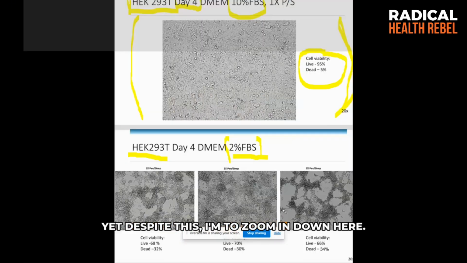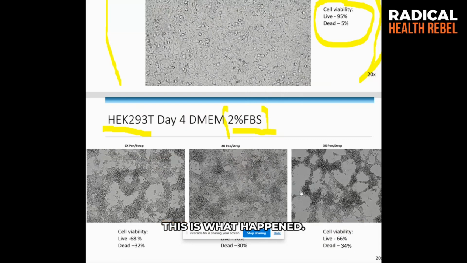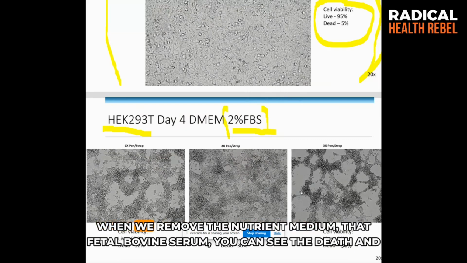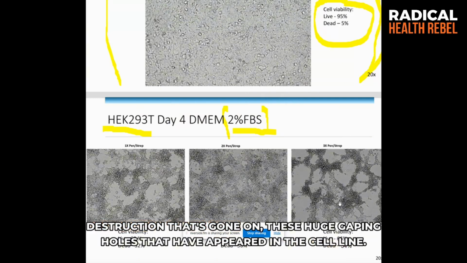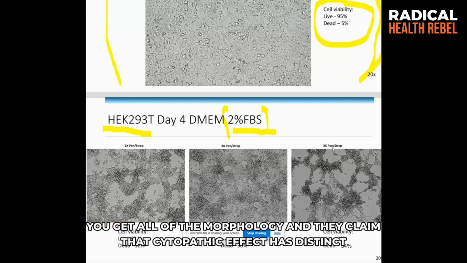zooming down here, this is what happened when we removed the nutrient medium, that fetal bovine serum. You can see the death and destruction that's gone on, these huge gaping holes that have appeared in the cell line. You get all of the morphology, and they claim that cytopathic effect has distinct morphology.